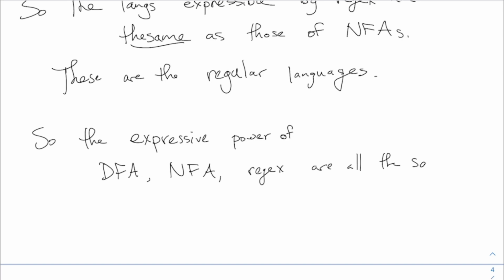The types of languages that they can compute are all the same, and they are the regular languages. That's why we call them regular languages, because the terminology regular comes from regular expressions, but it's also the same category of languages for the finite machines, the DFA and the NFA. All right. The expressive power of these are all the same, the regular languages.